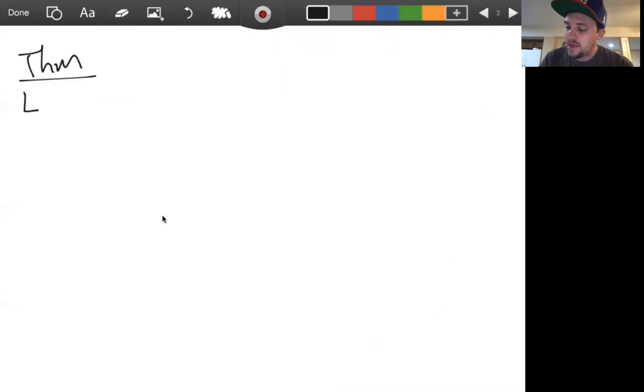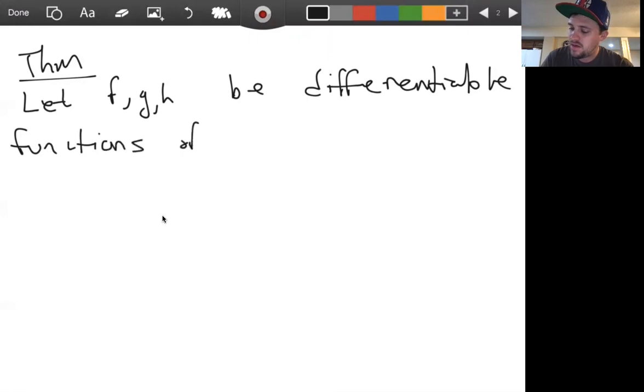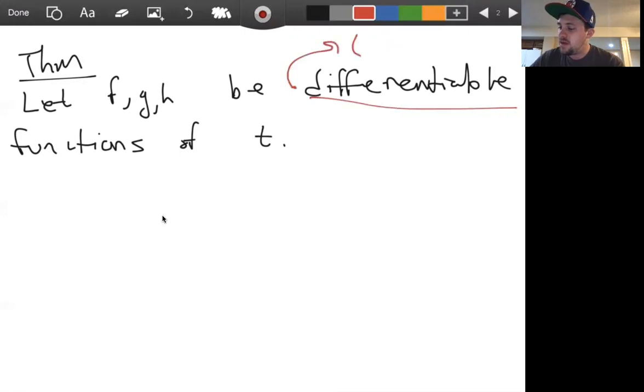So let's let f, g, and h be differentiable functions of t. And what do I mean when I say differentiable? When I say differentiable, I mean r prime of t exists.